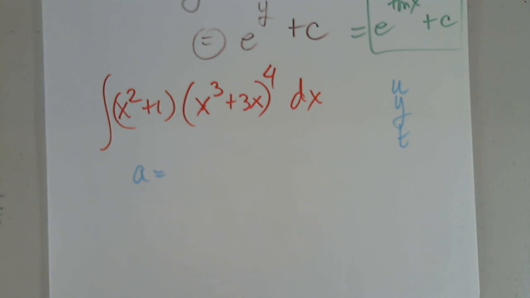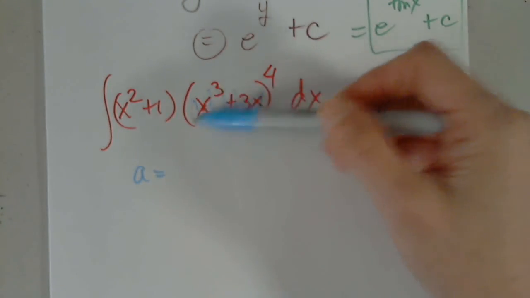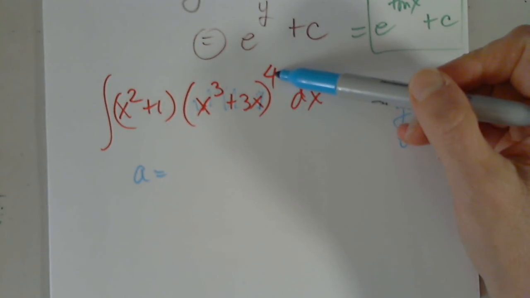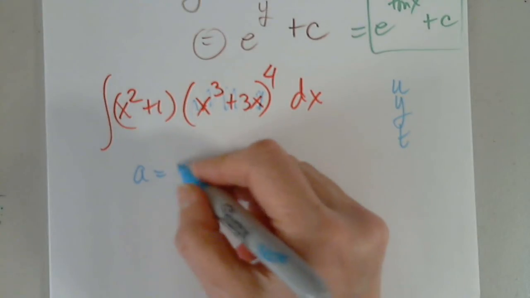Can anyone give us a substitution? This is not the mathematical way, but what bothers me is this, because it's inside the function x to the fourth. So this is where I start.